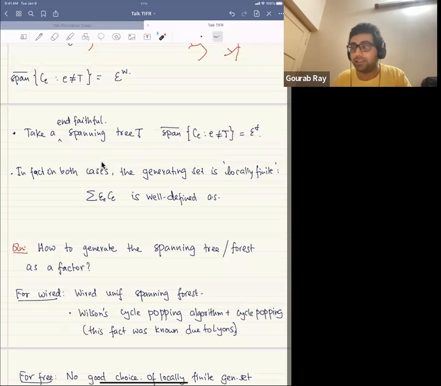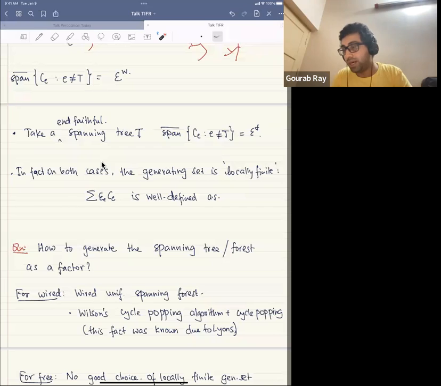I didn't really define what these things are, but it's some tree, some spanning forest of the infinite graph. And once you have this nice choice, you can get your locally finite generating set as a factor simply by choosing a Bernoulli variable for all these edges which are not in the forest.